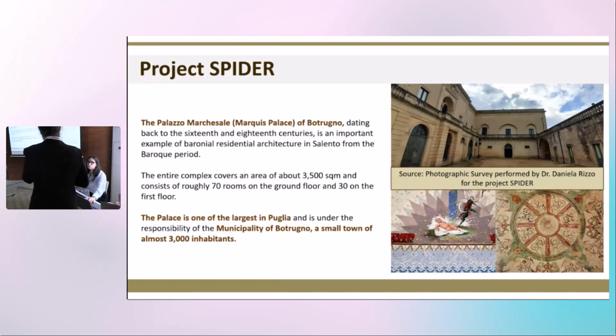So what we tried to do, first of all, was to capture the reality of one of the many buildings we have in our region. In particular, we have this palace, called Palazzo Marchesale, which is a massive building located in Motrugno, which is a very, very small hometown.